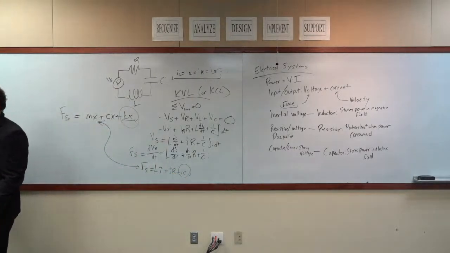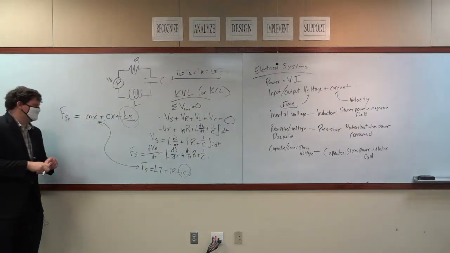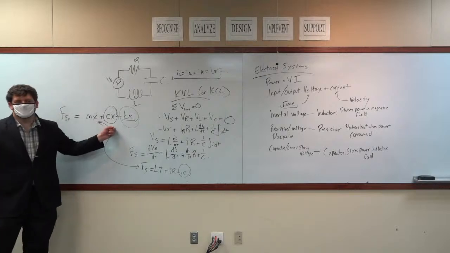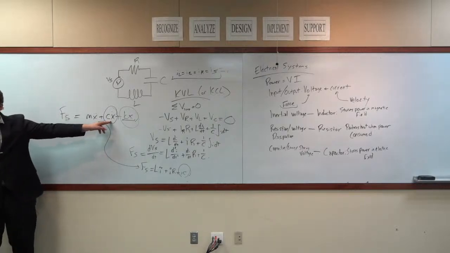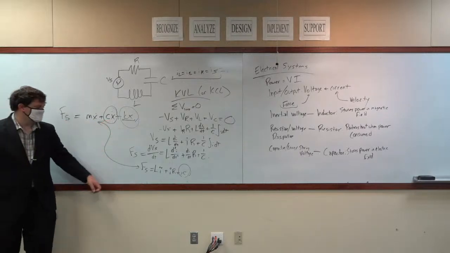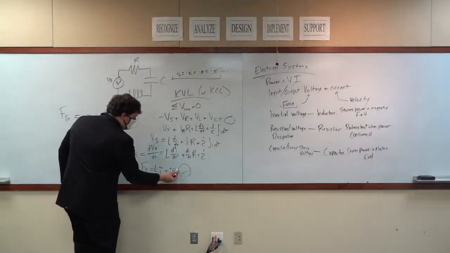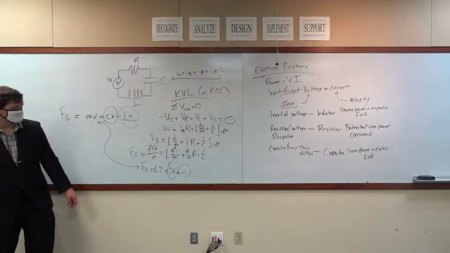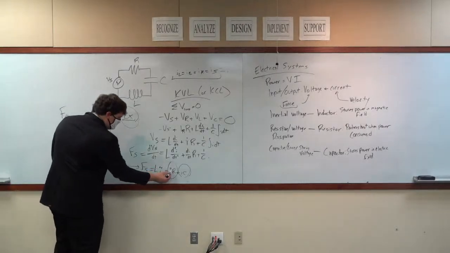There is no derivative relationship. The dissipative, or the energy dissipating portion, has a single derivative in it, and that is directly related to F. Similarly here, this has a single derivative in it, that's I dot.